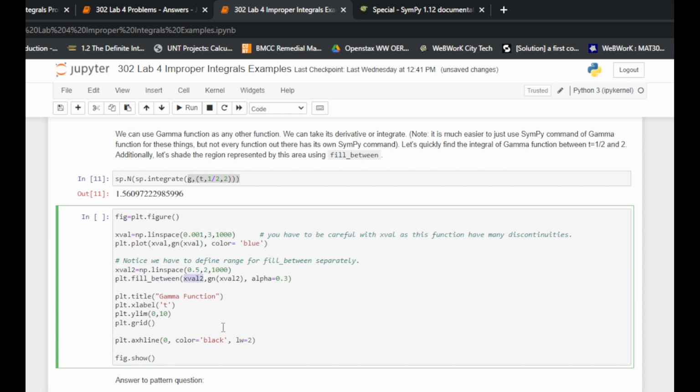So then I have my x values from where to where and up to where, so up to my graph. So it will fill the area between x-axis and my graph. Alpha here is just opacity of the filling. Usually you don't want it to be too opaque, so you make it like 0.3, 0.4, that'll be good enough. And that's it. The rest is more or less the same.